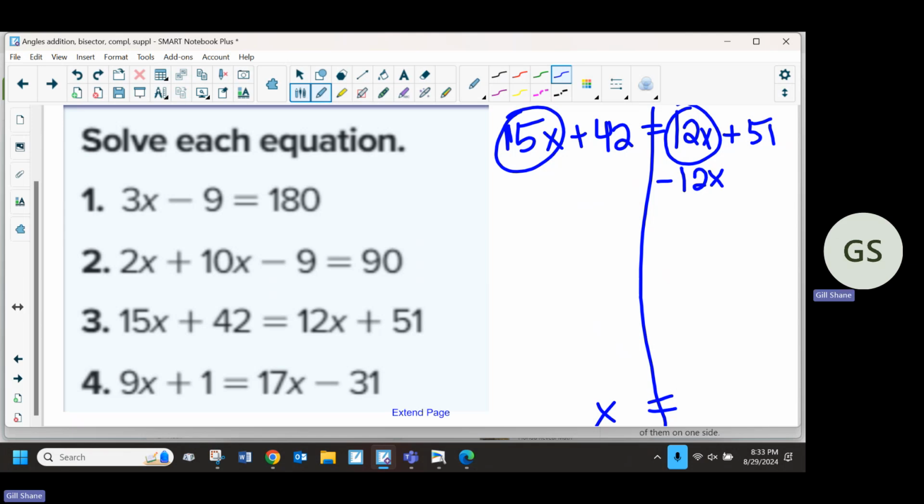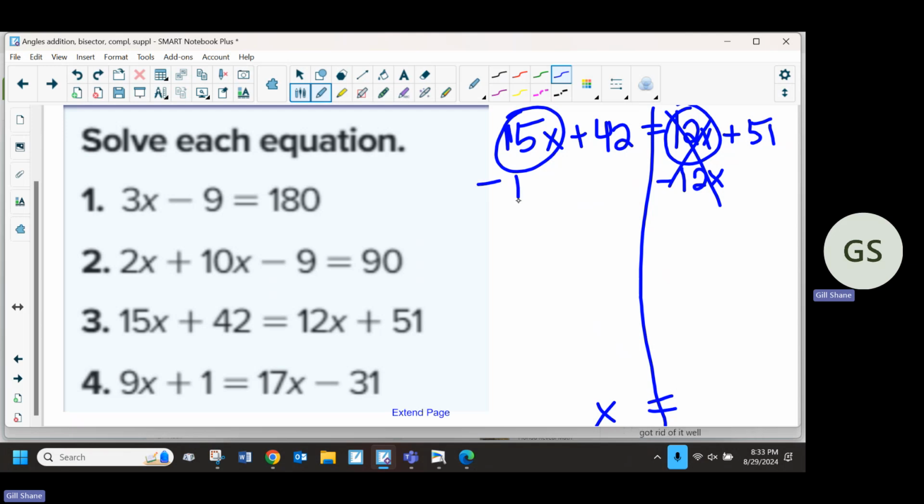So if I get rid of the 12x, the way I do that is just subtract them. If you have 12x's and you want to get rid of them, take them away. If it was subtract 12x instead, then you would add 12x to cancel them out. Opposite math. That will now take that to 0, so I got rid of it.